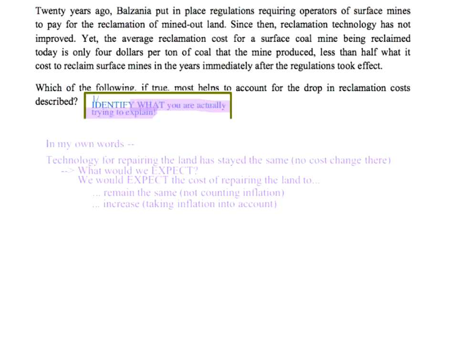So that's what we would expect. Does anybody know why they're talking about dollars per ton of coal? Like, why are they doing that? Does anybody have an explanation for why it's dollars per ton of coal?